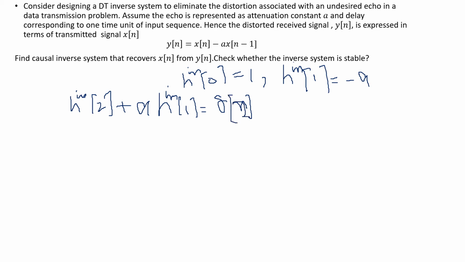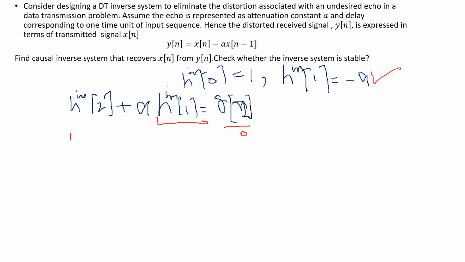You understand, this will be equal to 0. Why? Because the argument is non-zero. When the argument is non-zero, this is equal to 0. So what is the value of h inverse of 1? h inverse of 1 basically equals minus a.